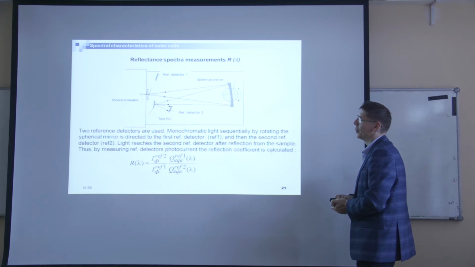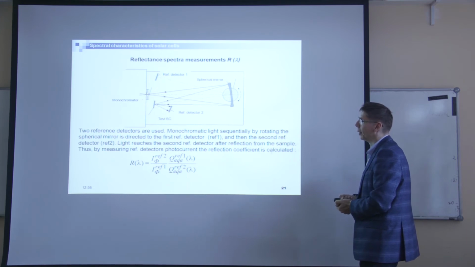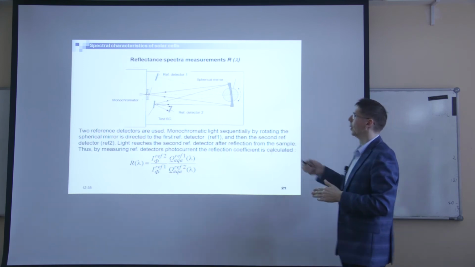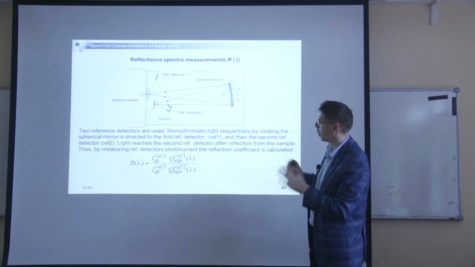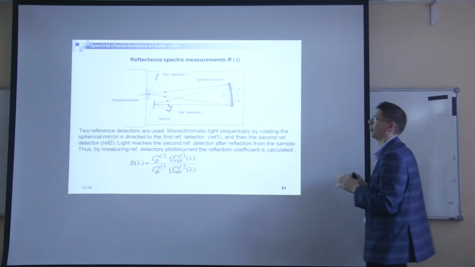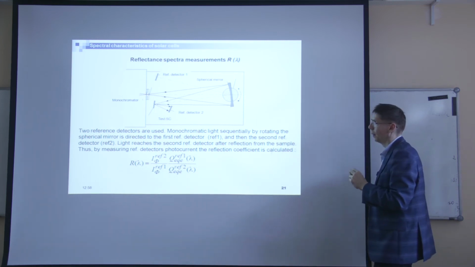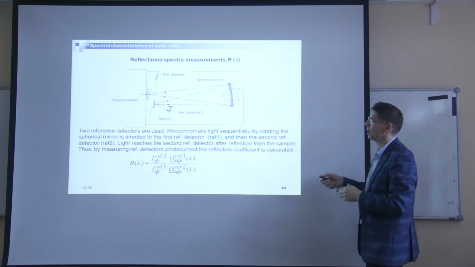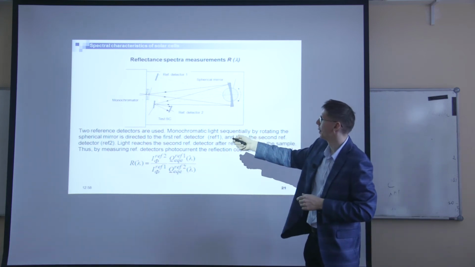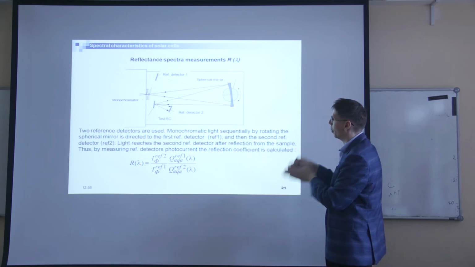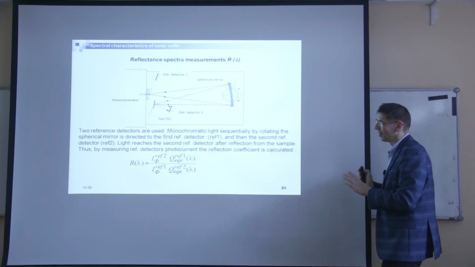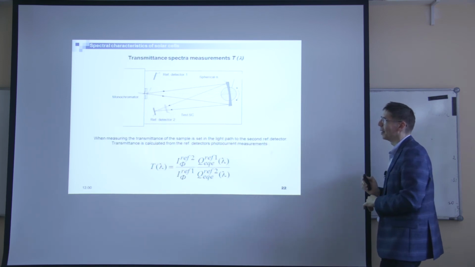But in this case you have to be really careful with the light, and the optical system should be quite accurate. There should be no other reflectance, and your beam should be really collimated, etc. It's a rather more complicated system.